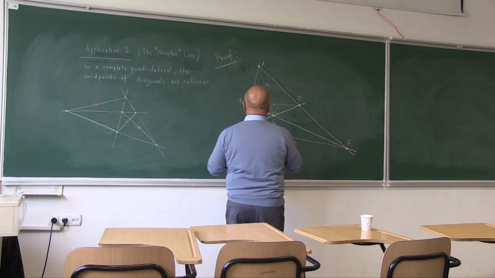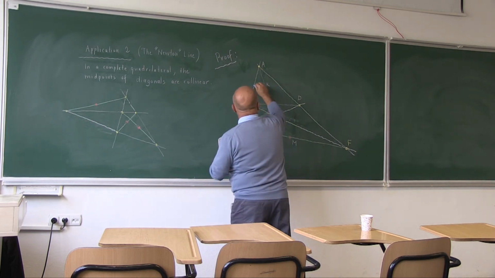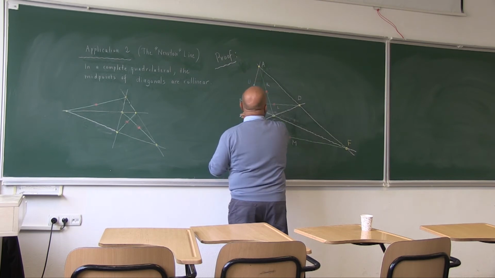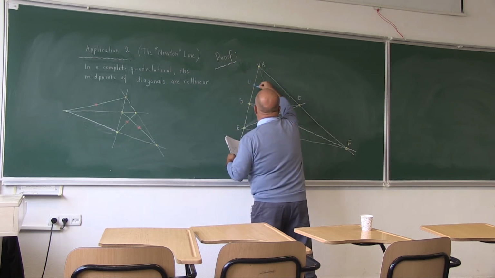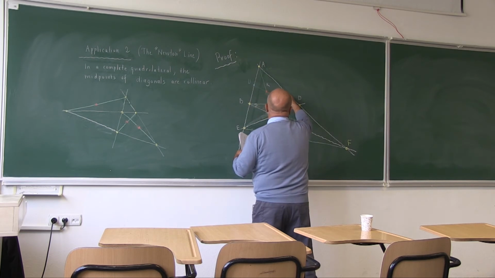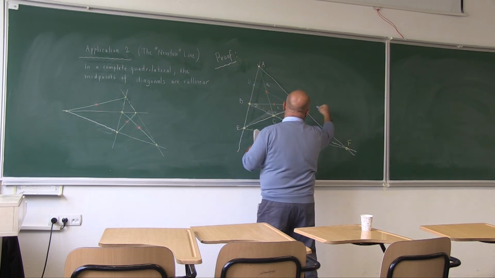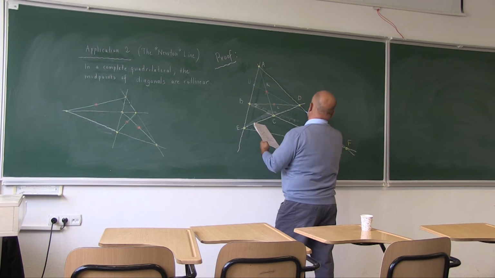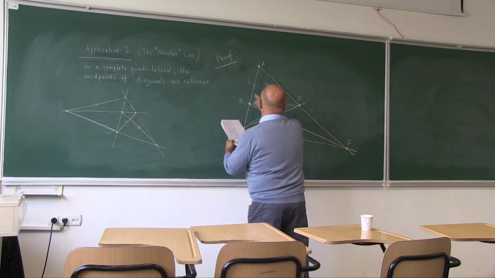I do it as follows. I take the midpoint of AB, call it U. I take the midpoint of AF, call it T. So it goes TU.